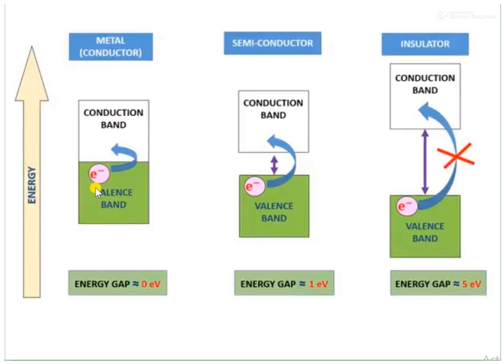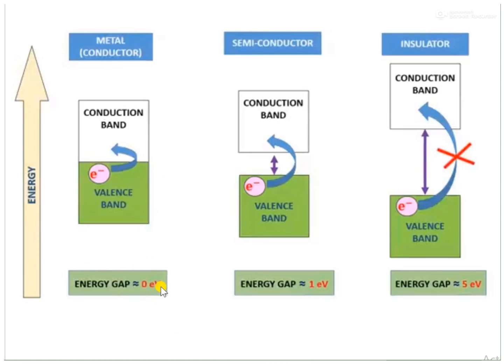So for electrons, it is easy to move from the valence band to the conduction band. In the case of metal conductors, the energy gap between the valence band and the conduction band may be 0 or very small. So the energy gap here is 0 electron volt.